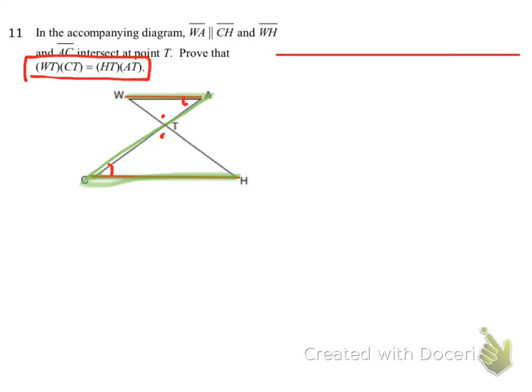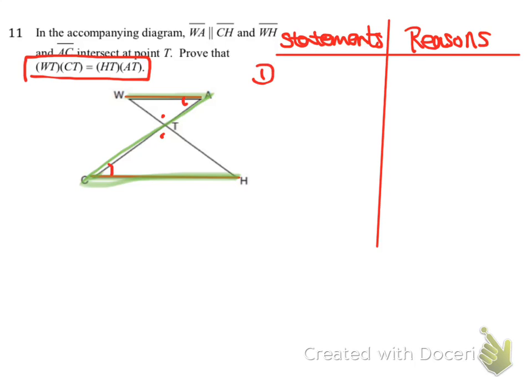Here we have statement, and then the reasons. Alright, now first one is the given: WA is parallel to CH, which is given.